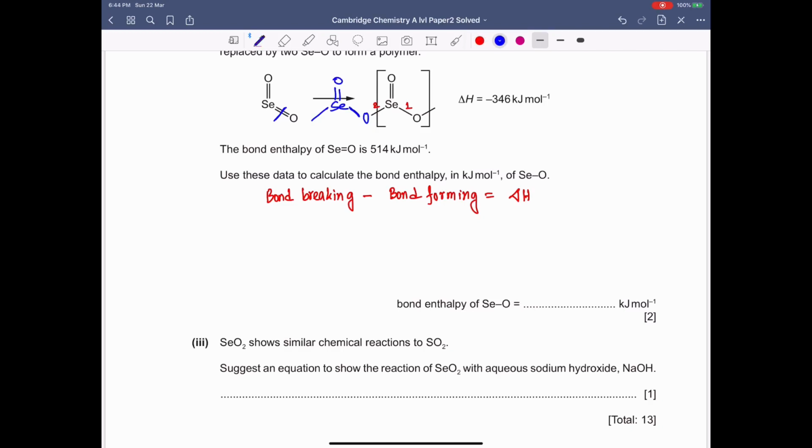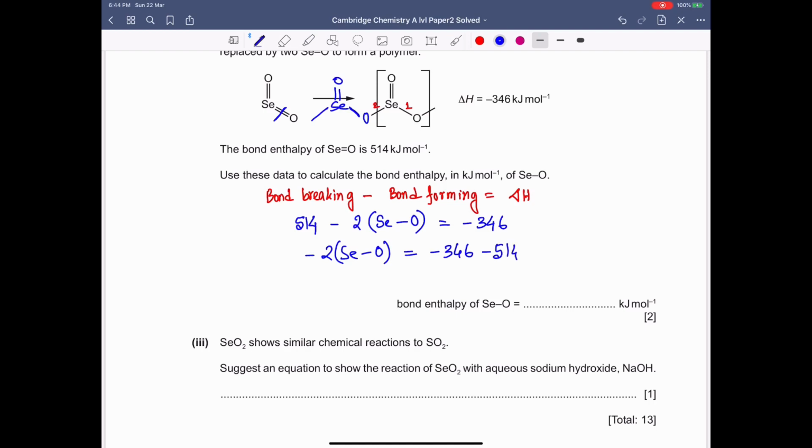Now bond breaking is 514 minus bond forming, since we don't know the value, so it's going to be 2 times Se-O, equals del H, which is minus 346. So 2 Se-O equals 514 minus minus 346.